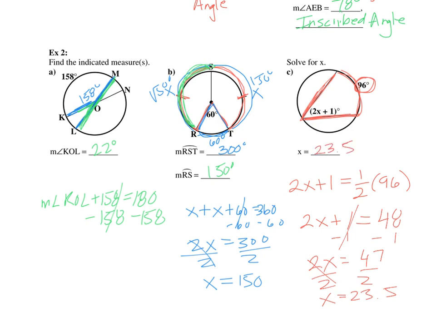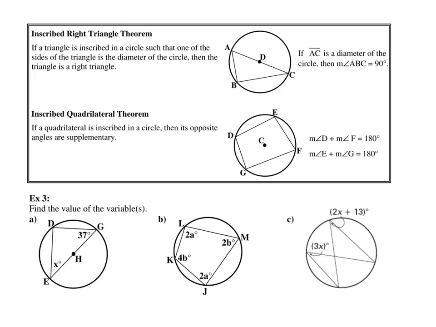All right, on to some more examples. Here are a couple new properties. If a triangle is inscribed in a circle, here we have a triangle inscribed in a circle, meaning the vertices are on the circle, such that one of the sides of the triangle is the diameter of the circle, so this is the diameter, then the triangle is a right triangle.